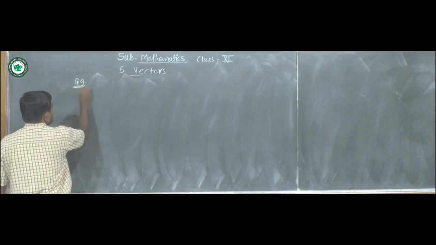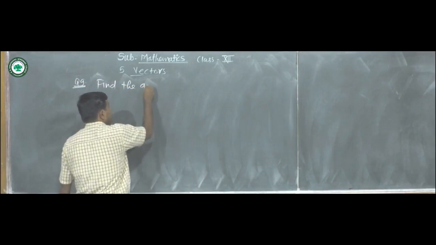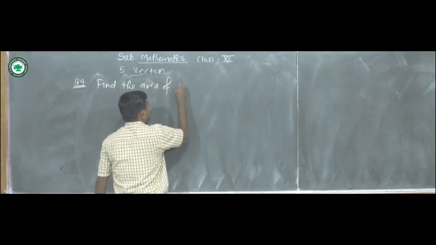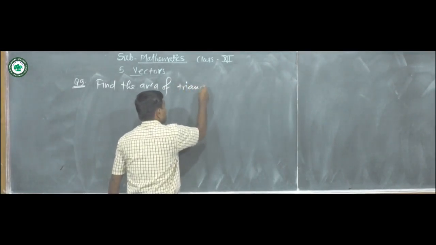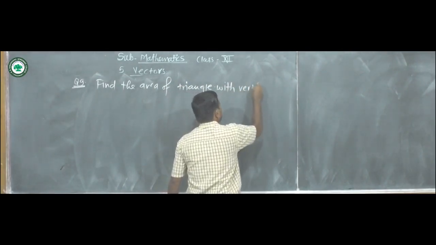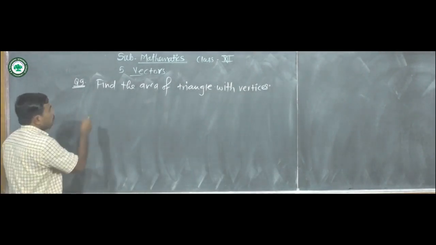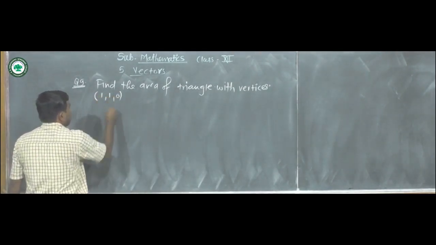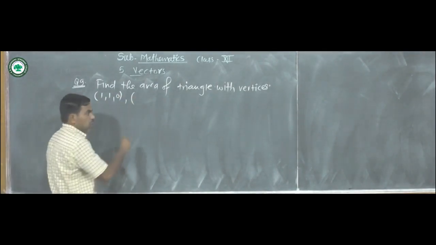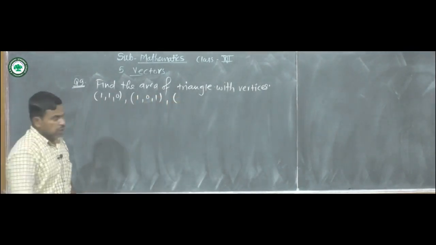Question 9 from exercise 5.1, find the area of the triangle with vertices (1, 1, 0), second vertex is (1, 0, 1), third vertex is (0, 1, 1).